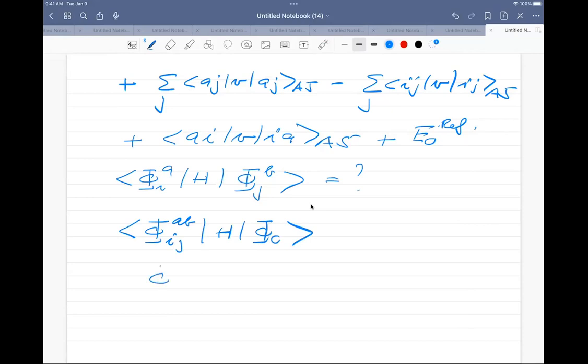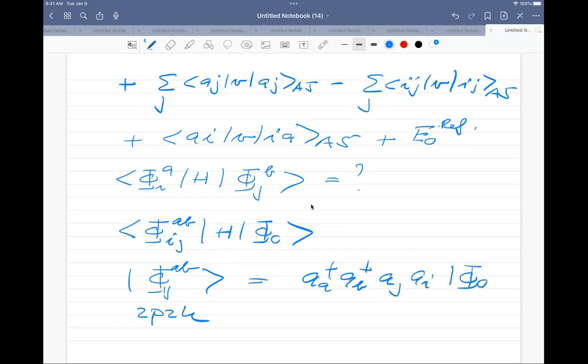So this specific state, phi ij, is a two-particle, two-hole state, exactly. So this is two-particle, two-hole. And this will be given now by a_A dagger, a_B dagger, the creation operators for the particles, a_J and a_I, acting on a vacuum state.